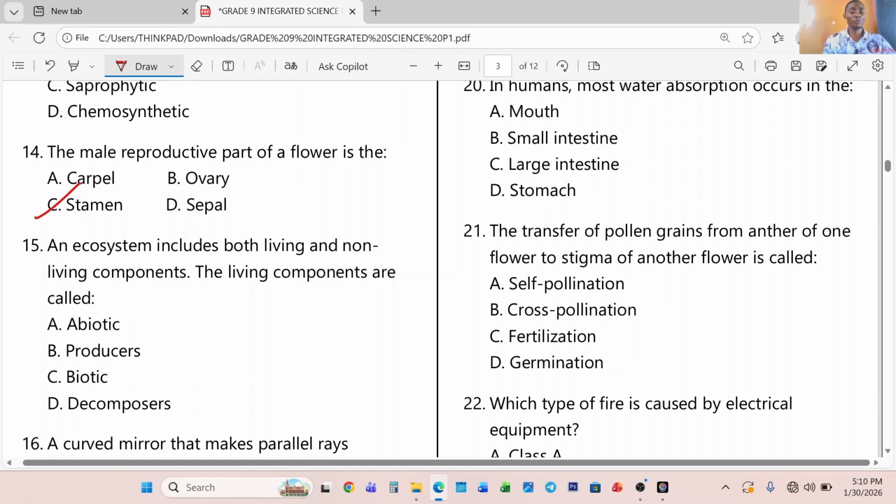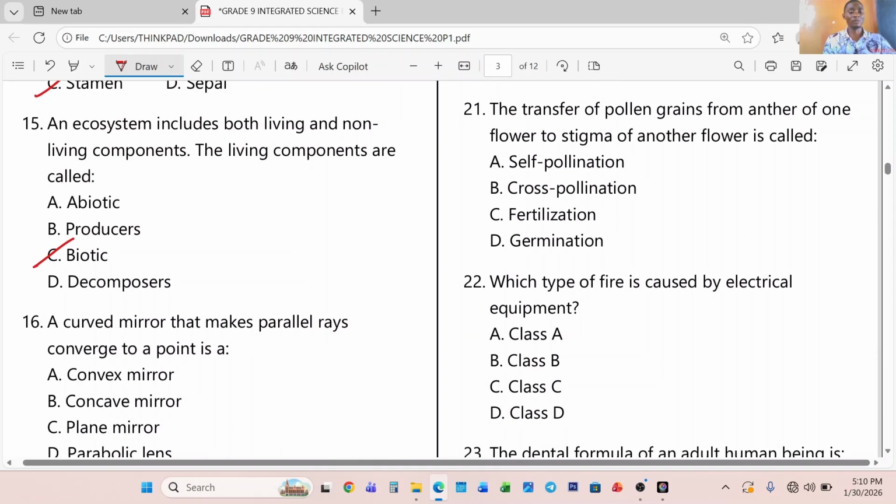After the sun, we move to the producers, and they are the second main source of energy in the flow of energy in an ecosystem. We have decomposers that cause decomposition in an ecosystem. So the living components are the biotic factors. So the correct answer is C.